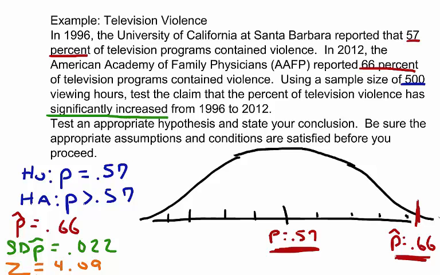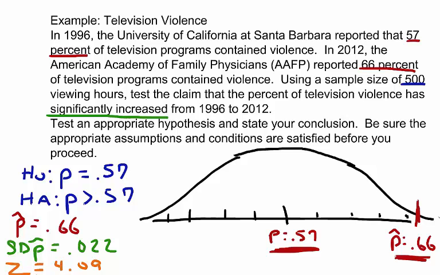In other words, looking at our z-score of 4.09, it's already looking as though the percent of television violence has significantly increased from 1996 to 2012. But before we can say that for sure, we need to calculate the probability.